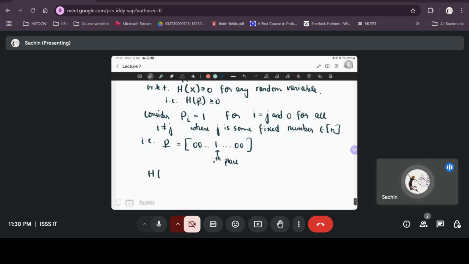And this vector p is valid because it's an n tuple and the sum of all its entries is 1.